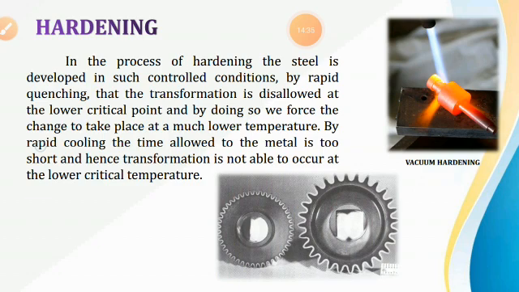That transformation is disallowed at the lower critical point, and by doing so we force the change to take place at a much lower temperature. And by rapid cooling, the time allowed to the metal is too short, and hence the transformation is not able to occur at the lower critical temperature. So this is all about the hardening heat treatment process.